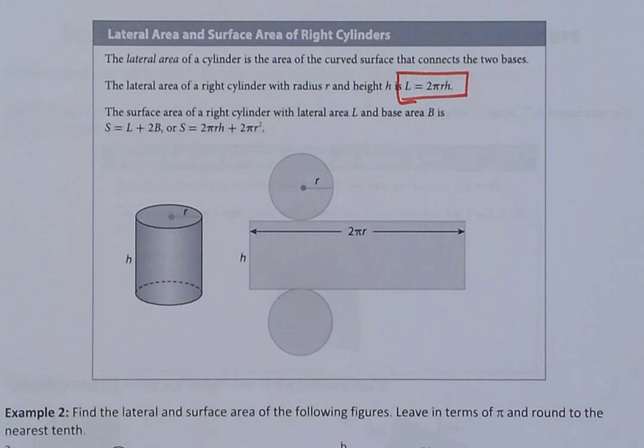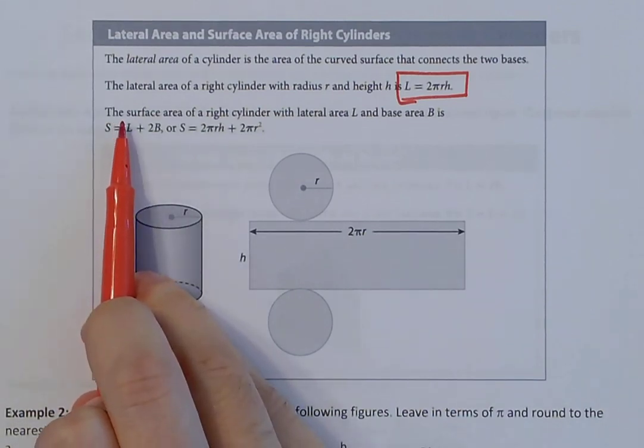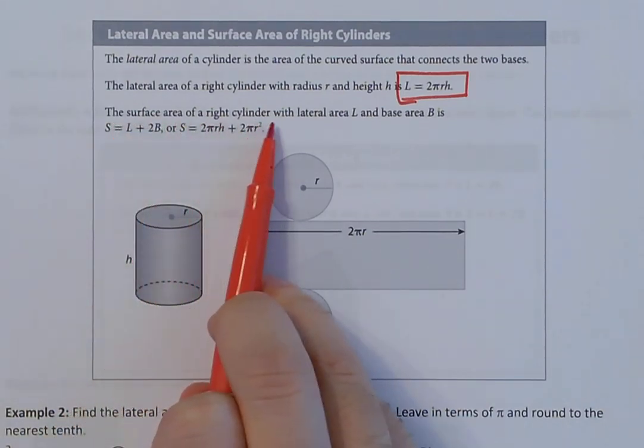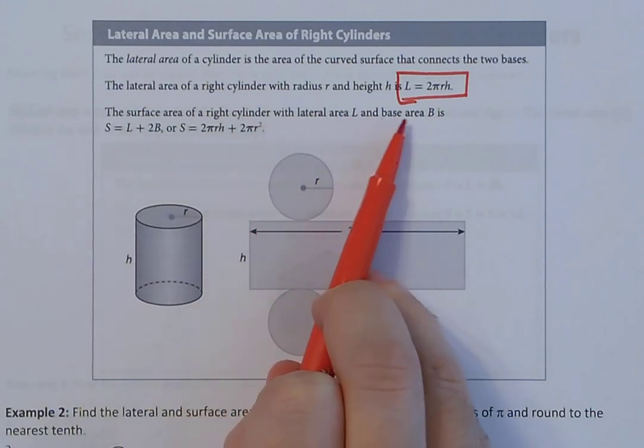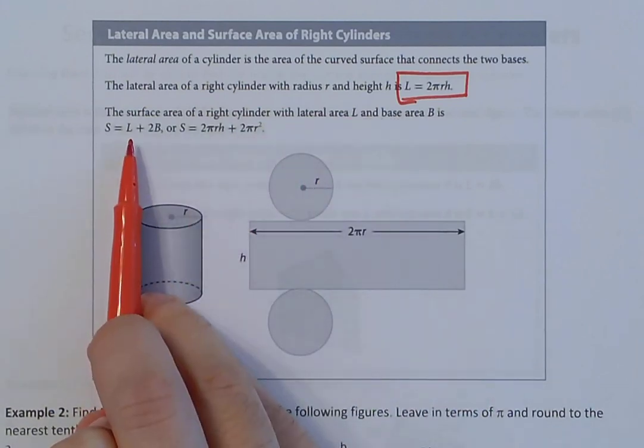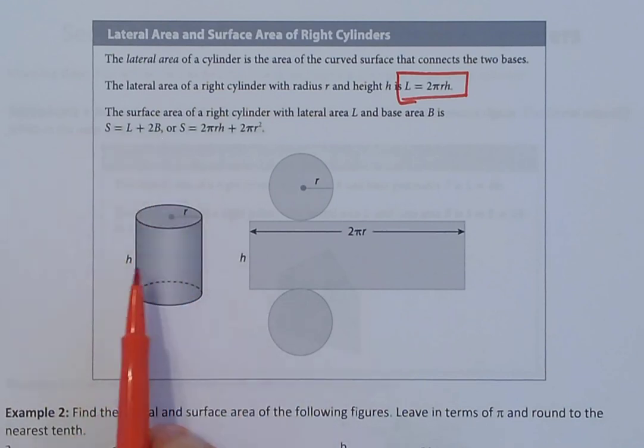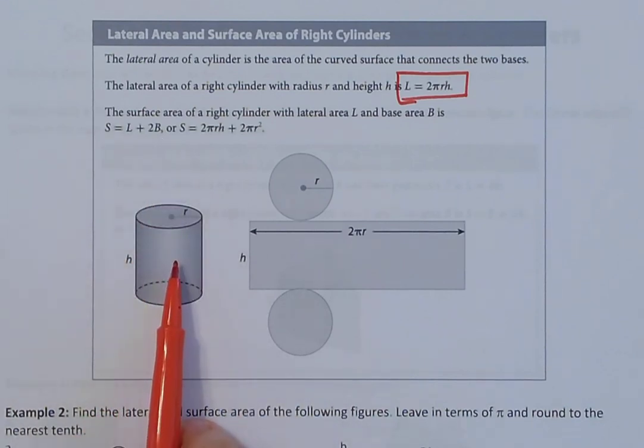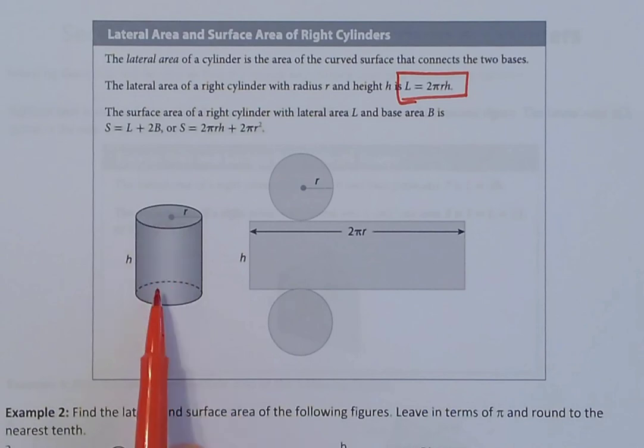Then for surface area, it's the surface area of a cylinder with the lateral area L and base area B, which is L plus 2B. So it's the lateral area plus the area of the two bases.